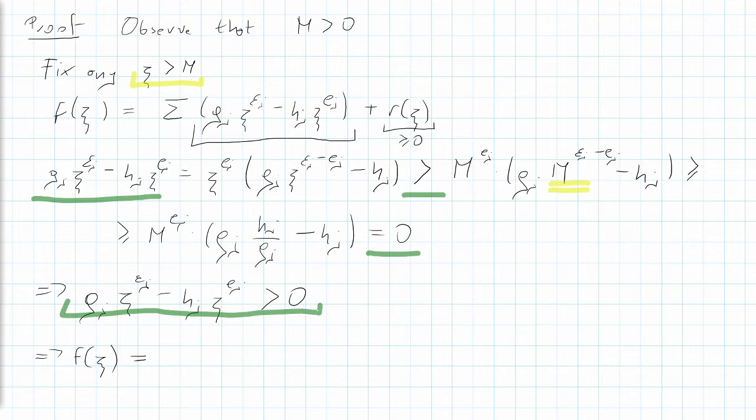It's non-zero. And so what we have proved is, if we take any xi which is greater than m, then it cannot be a root of f. So by contradiction, if anything is a root of f, then it must be bounded from above by m. So this proves our theorem. This is the proof of the theorem of Stefanescu.